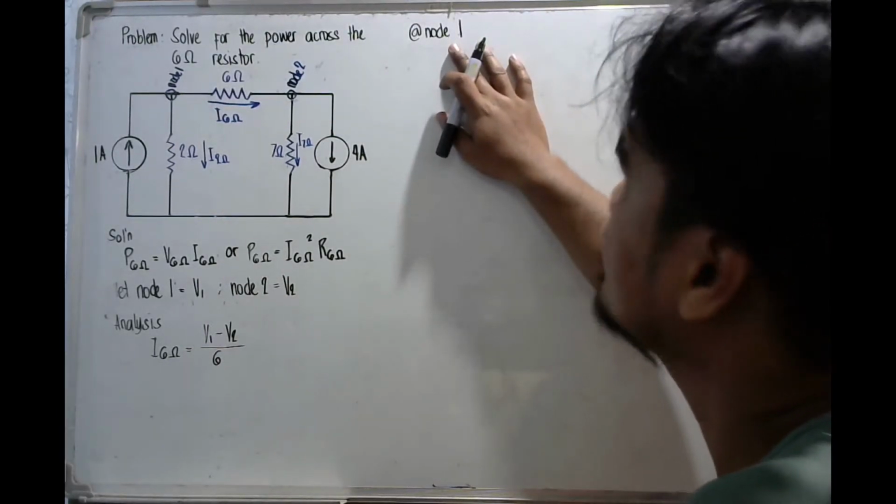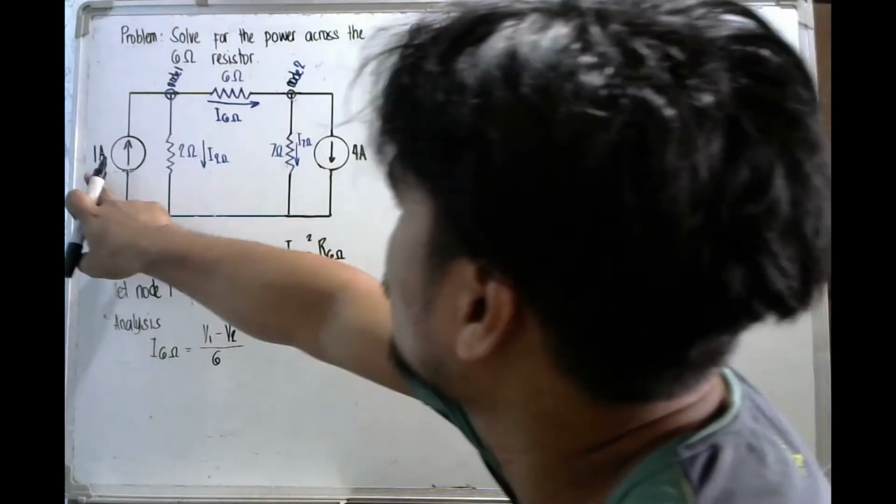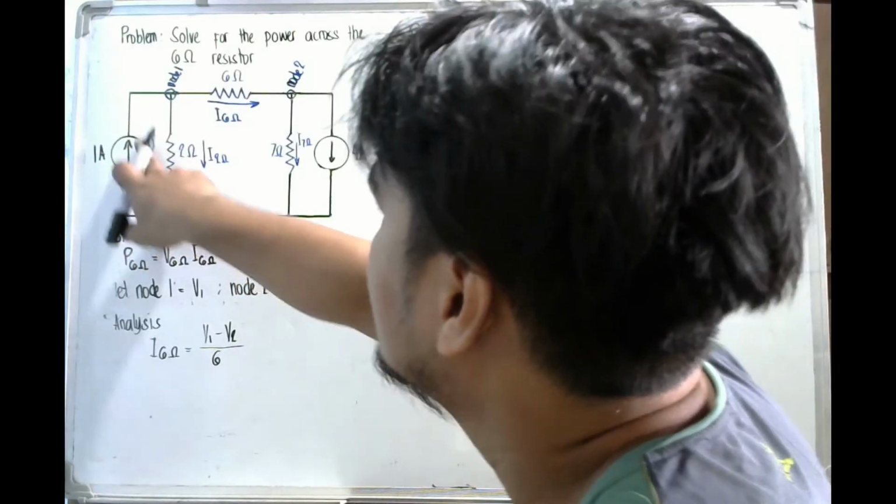The current entering node 1 is 1 ampere, since this is a current supply.